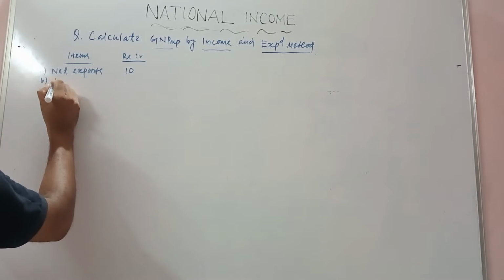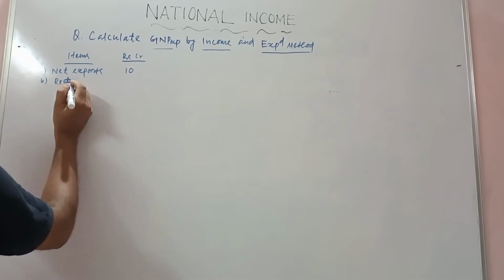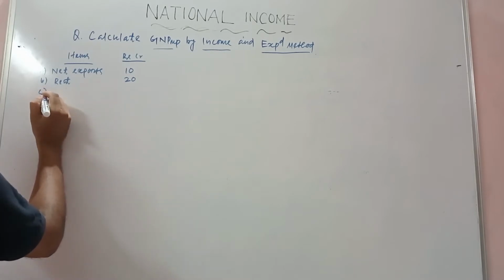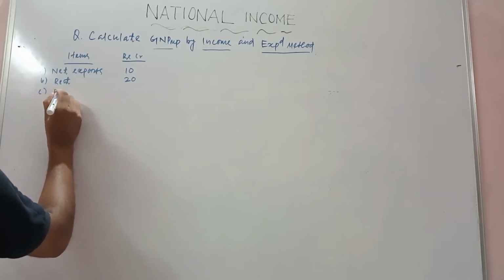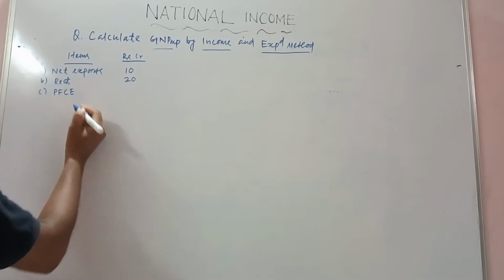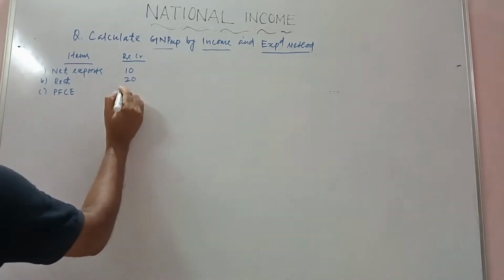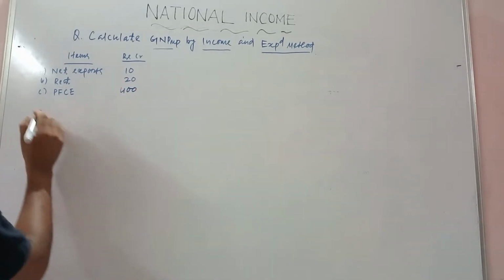Second, rent is given at 20. Then PFCE, private final consumption expenditure, I am not writing the formula, I will write the shortcut one. It is mentioned as 400. I think you people know about this one.